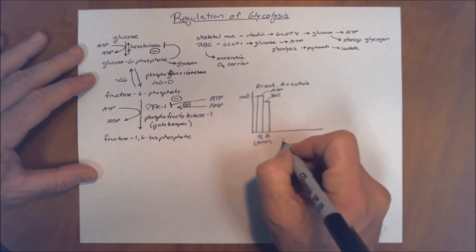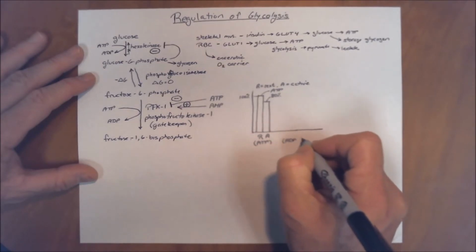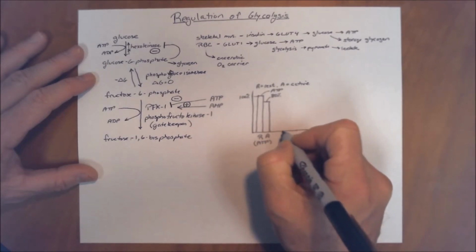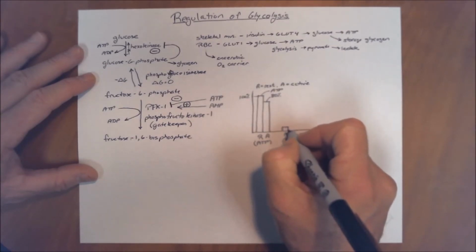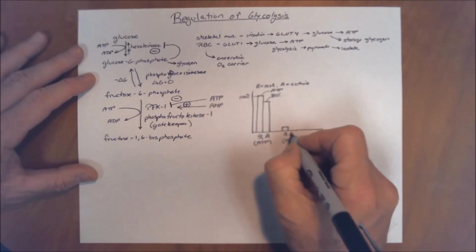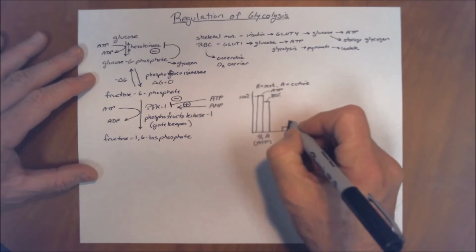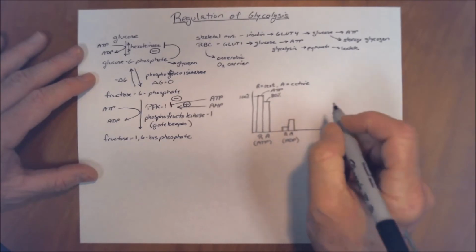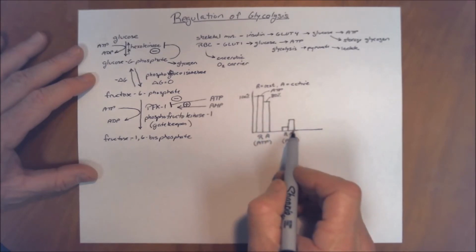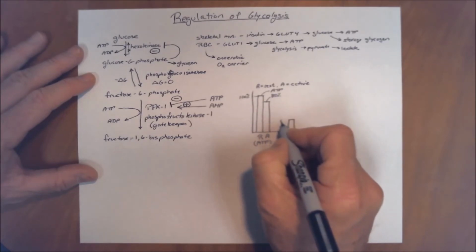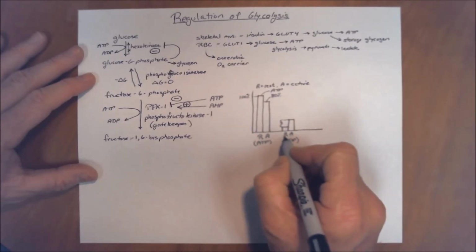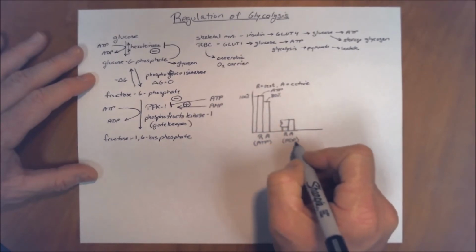Let's look at ADP. At rest, there's typically a small amount of ADP in the cell, just from normal activity. But under active conditions, we convert ATP, dropping its concentration, to ADP. So we have a small, measurable change between rest and active states in ADP.